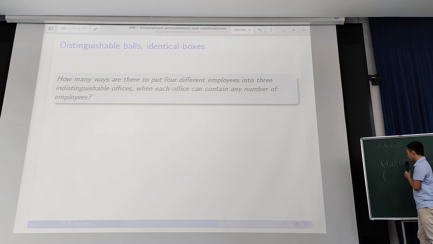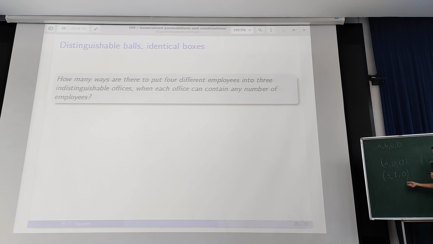So the second one is 310. Okay? So in this setting, 3 of the 4 employees will be in the same office and the other one will be isolated in another office.